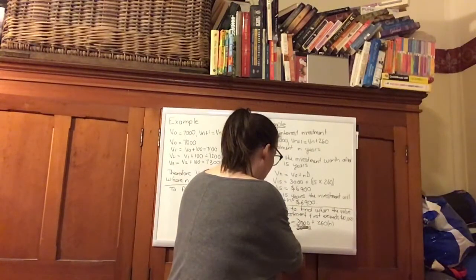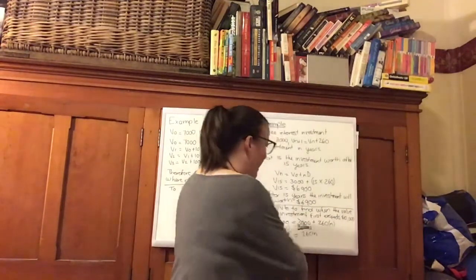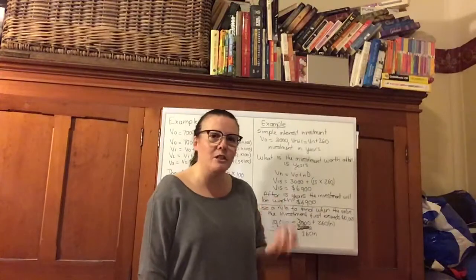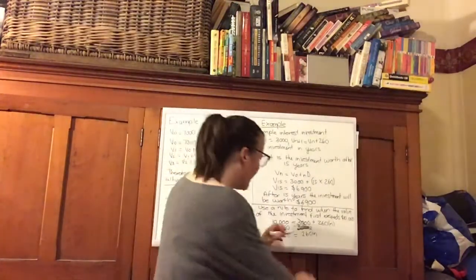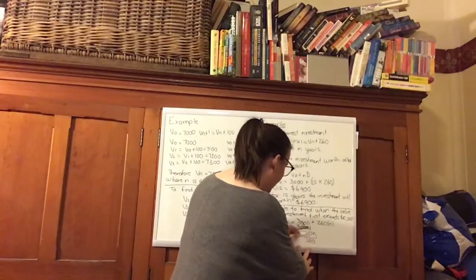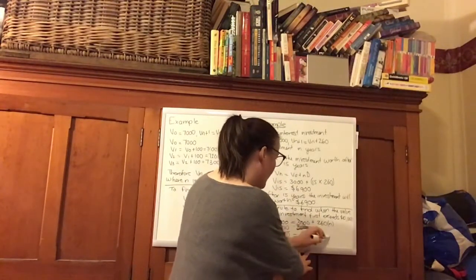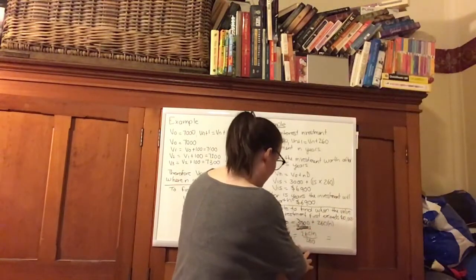I'm left with 7,000 on this side, and I'm left with 260n. To get n on its own, I'm going to divide the 260 away, on both sides, and I get an answer.